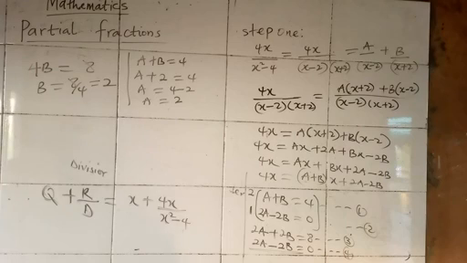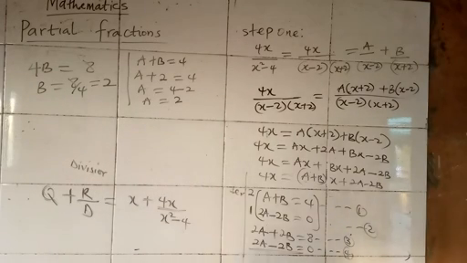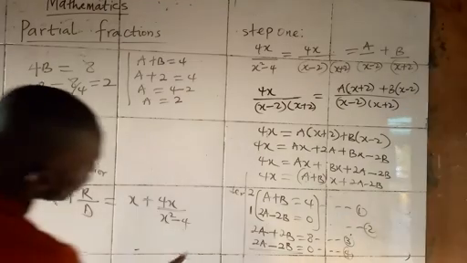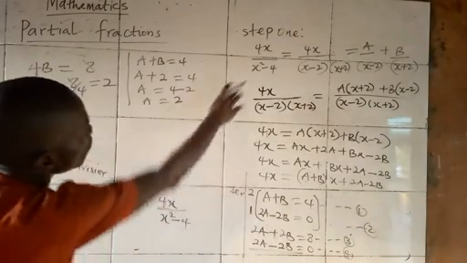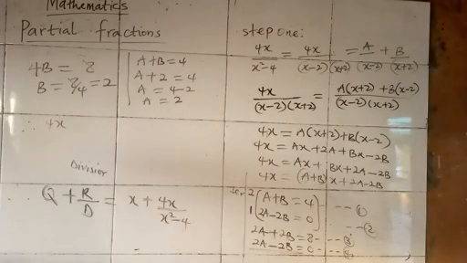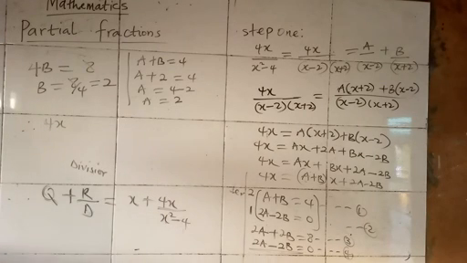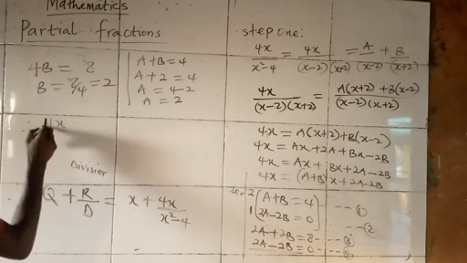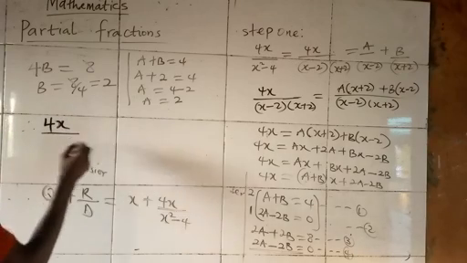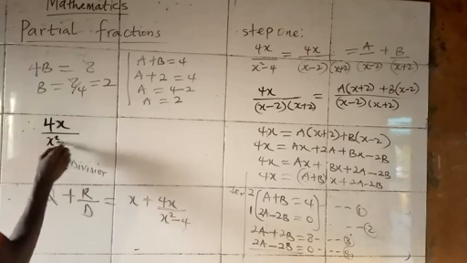Therefore, I can say, for what we have here, remember the way we represent: 4s all over, we are having s squared minus 4.